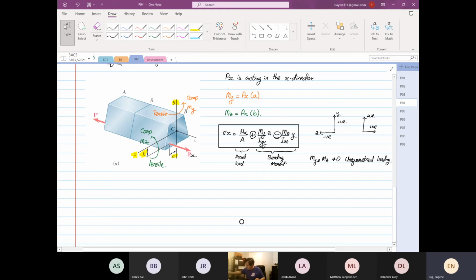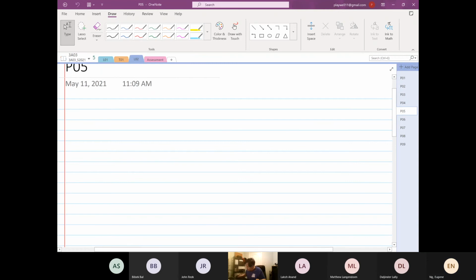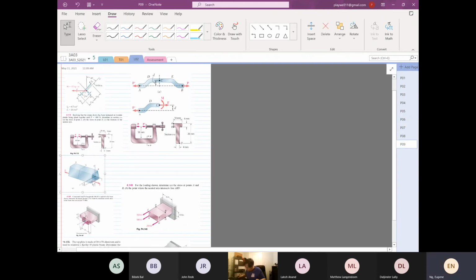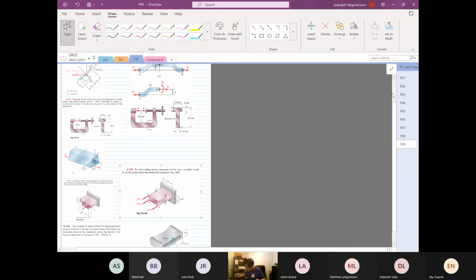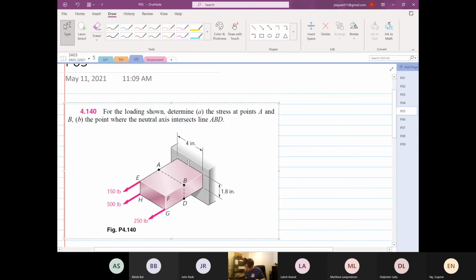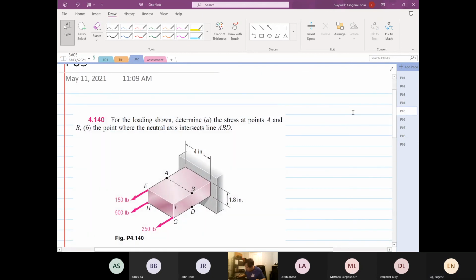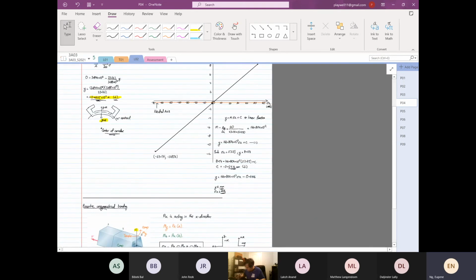So now we look at another example. I could not remember which example this is already.